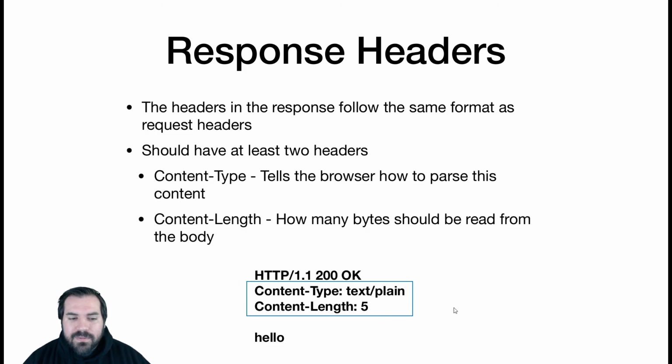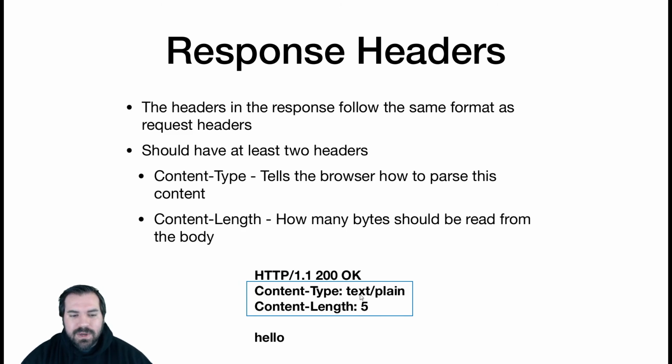We have 2, assuming that our response has a body, which in most cases it will. We'll see one response that won't have a body, our 301, for this first assignment. But for all other purposes, our response must have at least these 2 headers, content type and content length. The content type tells the browser what type of information is stored in the body.